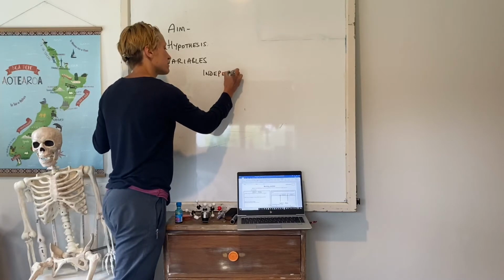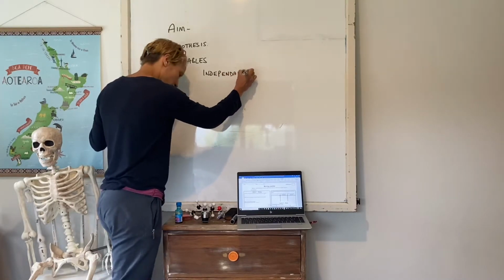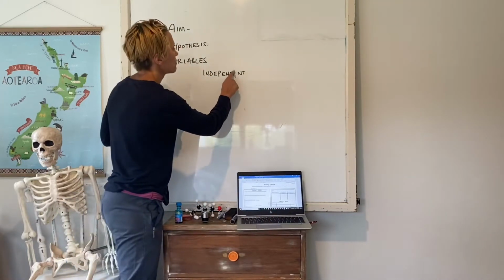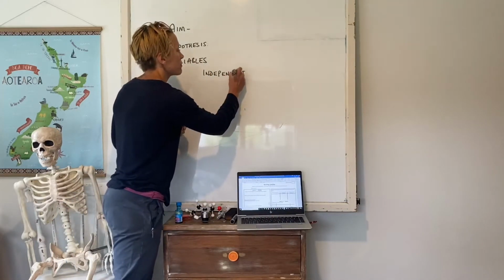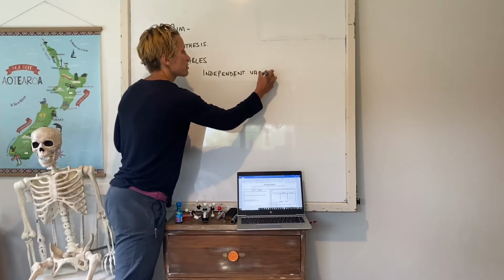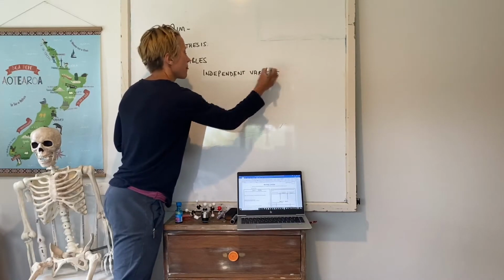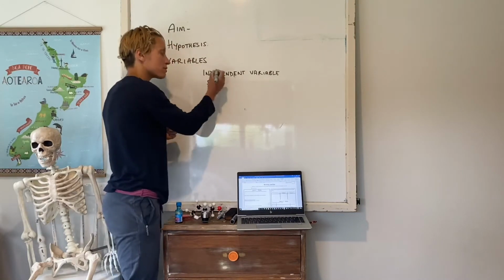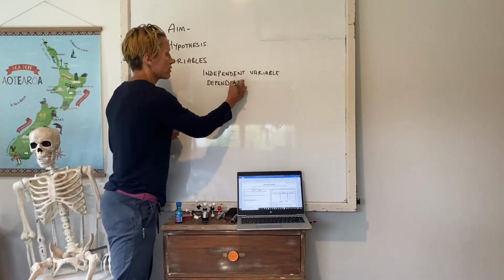Independent variable, the thing we change. We've got our dependent variable, which I tried to explain to you the other day, is dependent on the independent variable.